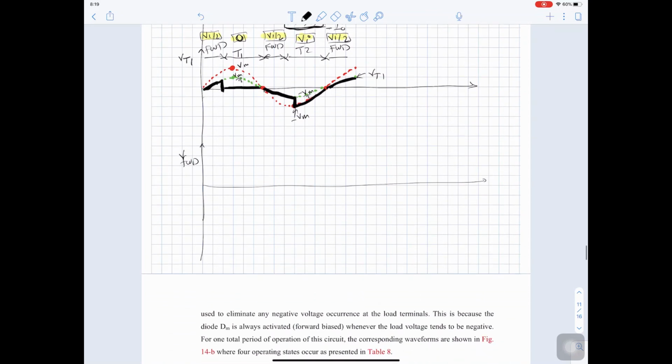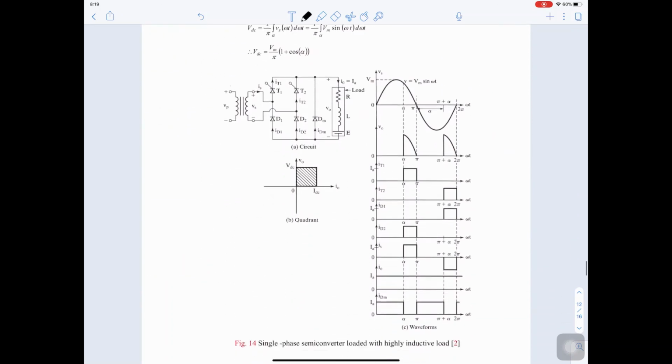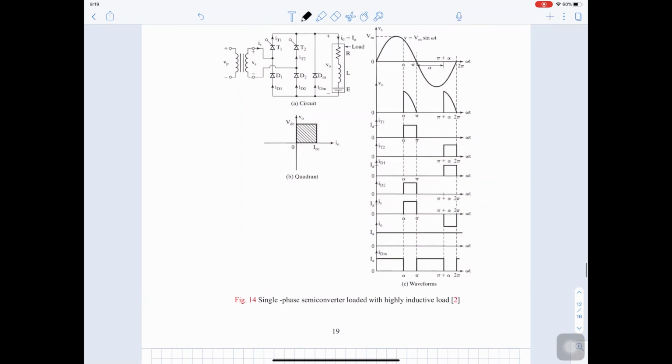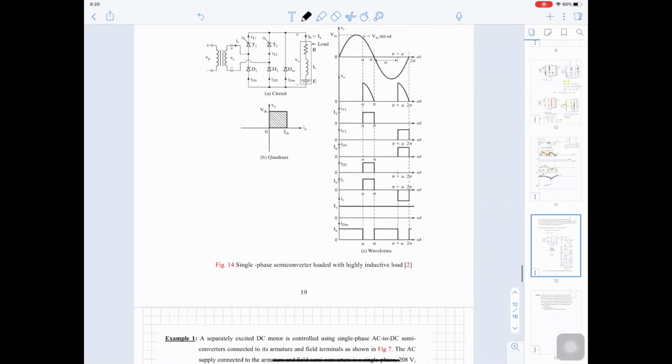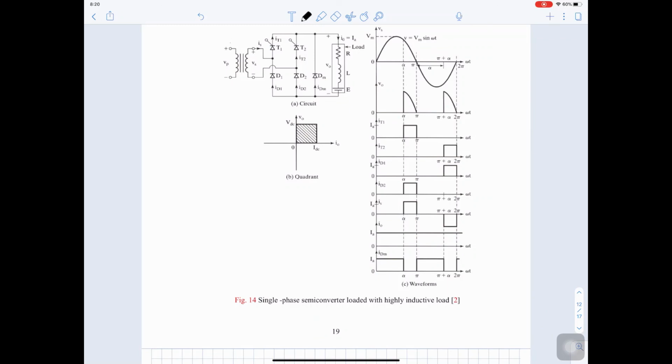With the same or a similar technique, we can sketch V freewheeling diode. So I'm leaving this for you as a homework, okay? And this is a circuit from the textbook posted online. And these are the waveforms.